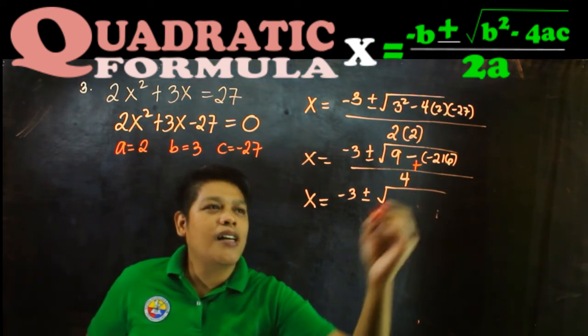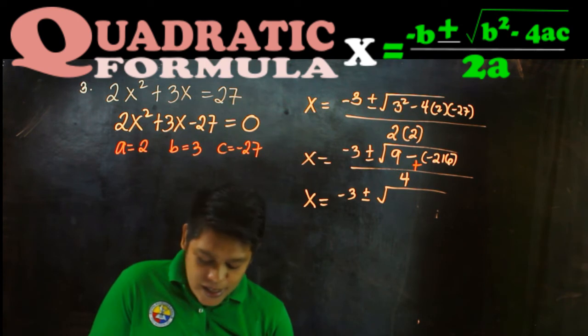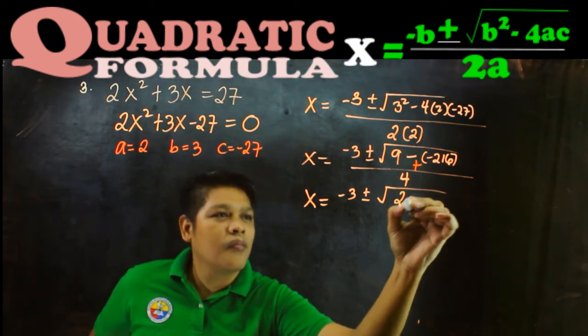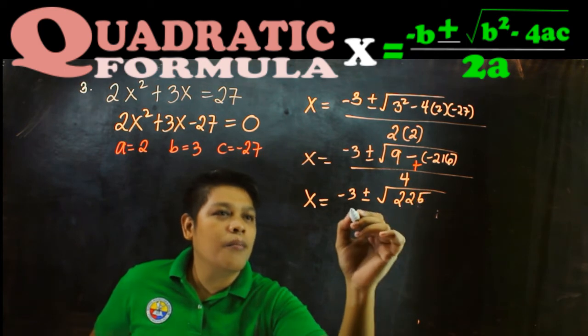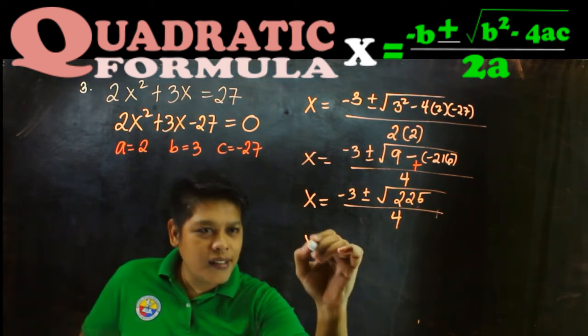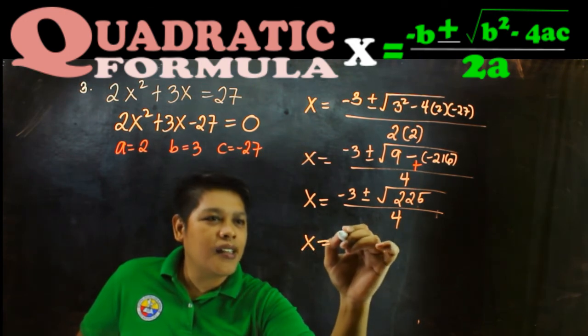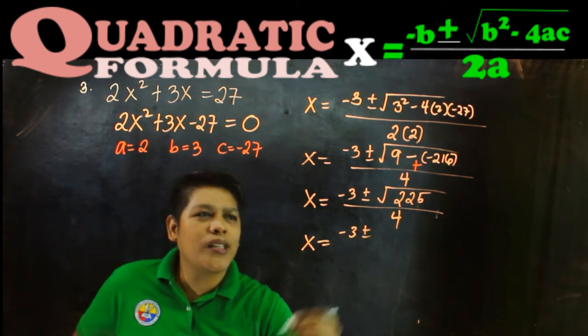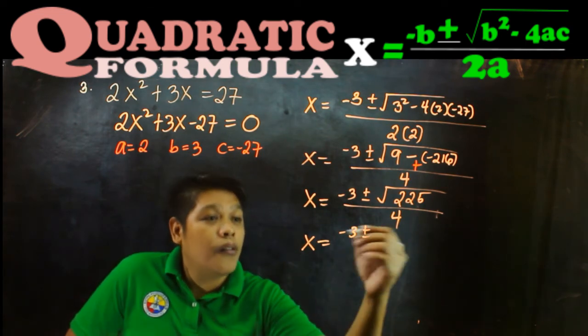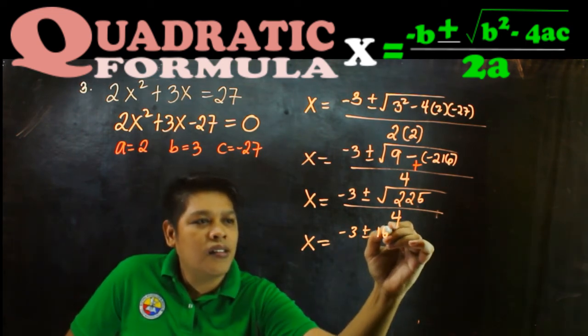So, pag pinag-plus natin yung 9 at 216, yan ay 225 over 4. So, x equals negative 3 plus or minus, what is the square root of 225? So, ang square root of 225 is 15, no?